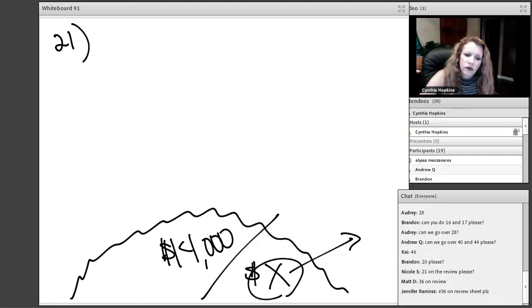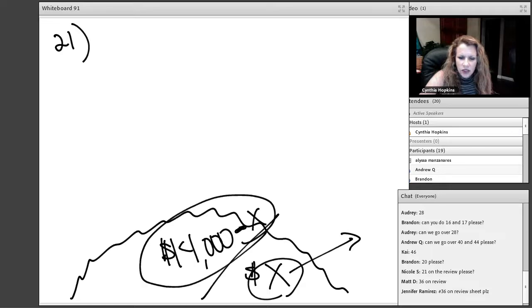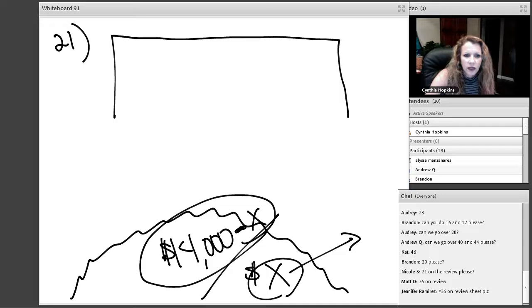So then if you knew you started out with 14,000 and I just took away X, doesn't that mean the remainder is 14,000 minus X? If I take this 14,000 minus X and I add X, don't the X's cancel, and I get a total of 14,000. You need to be able to label what each part of your money is that you're going to be investing. One of them I'm going to call X, and the other one will be 14,000 minus X.